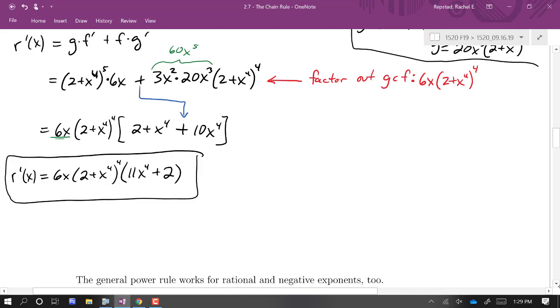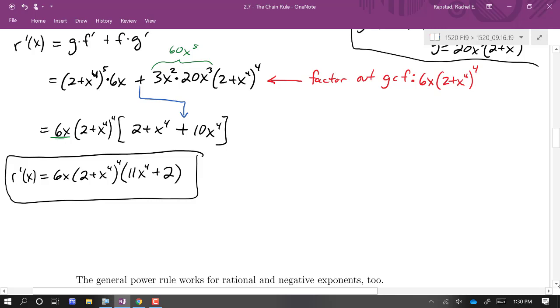How's that? This feels like a bunch of algebra. It is a bunch of algebra. Your feelings are valid. But this algebra that we encounter when we're taking the derivative of a function that involves a product rule or quotient rule together with the chain rule, it always is the same thing. We're always going to be in a position where I can identify a greatest common factor.